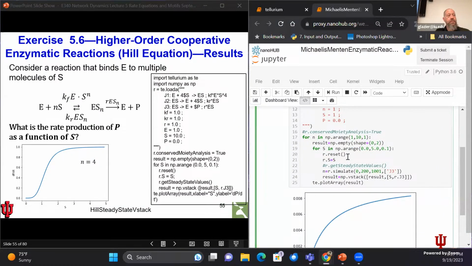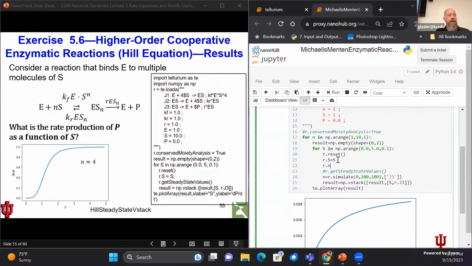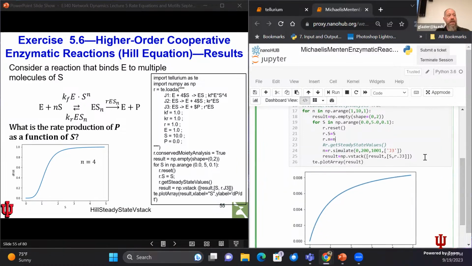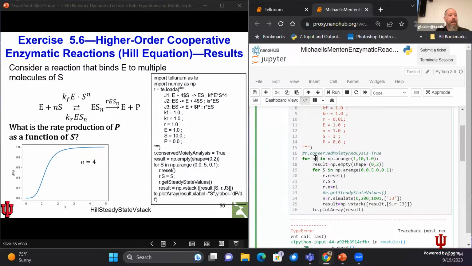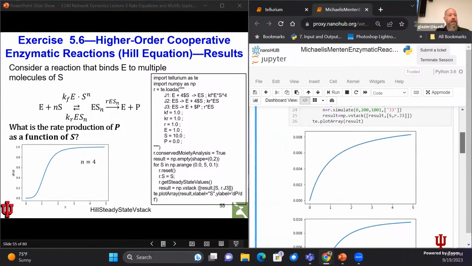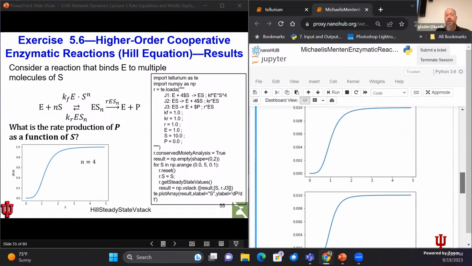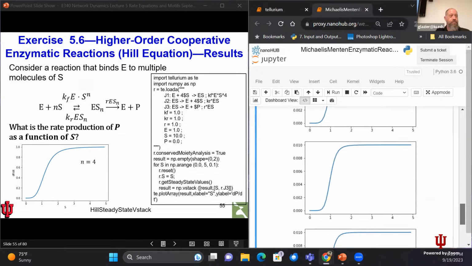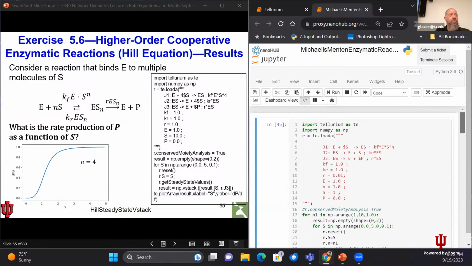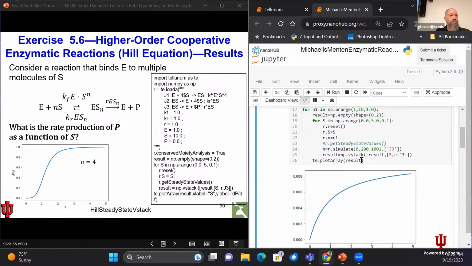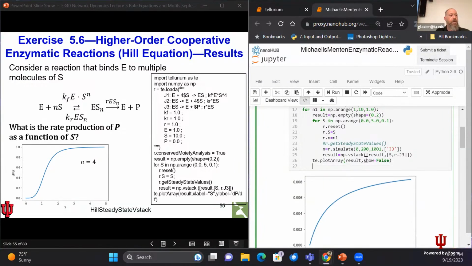I'm going to loop over n here. And I'm going to see what the different shapes are as a function of that exponent. I called the array output n. So there we go. Now you can see the sequence as I change the value of the exponent. It would be more fun if I don't display it at first, and put it all in one array.